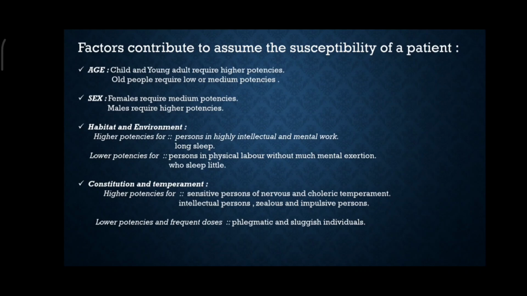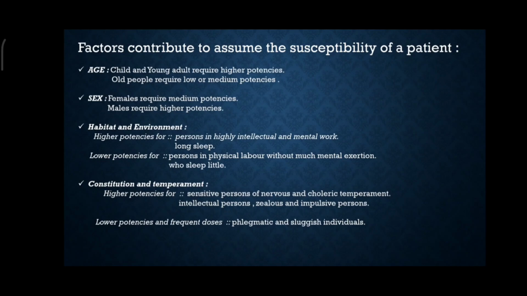Next, habit and environment. Higher potencies are best adapted for persons who are engaged in high intellectual and mental work, for example doctors, lawyers and ministers. Persons who lead sedentary occupations and who sleep long also need higher potencies.